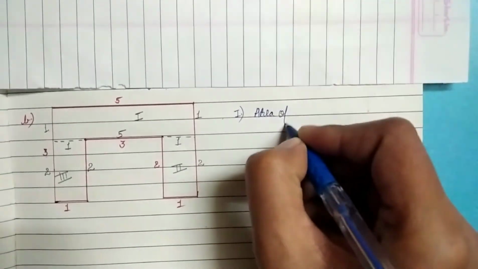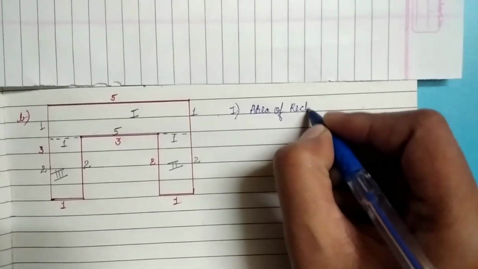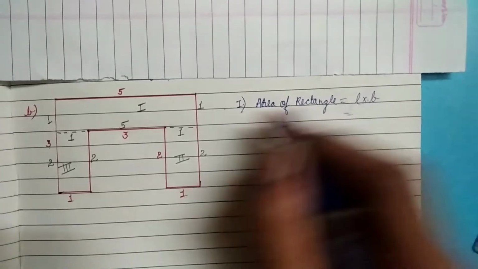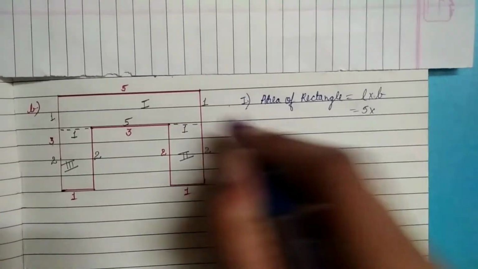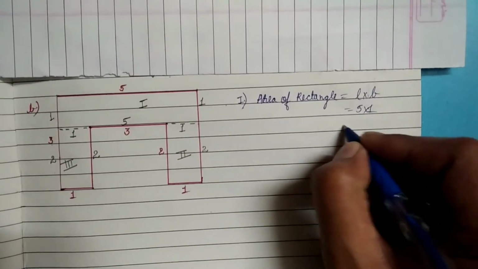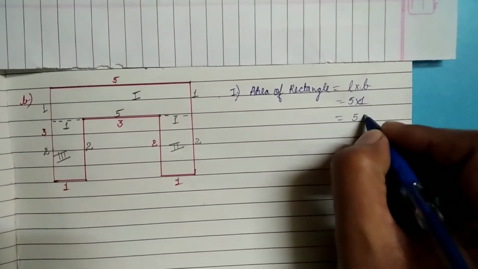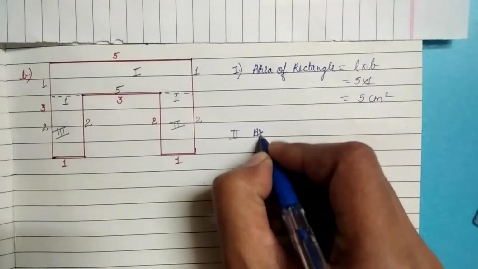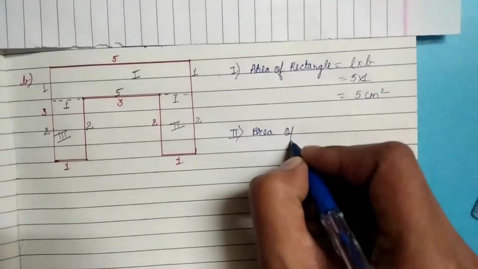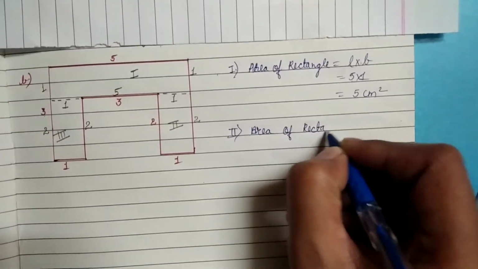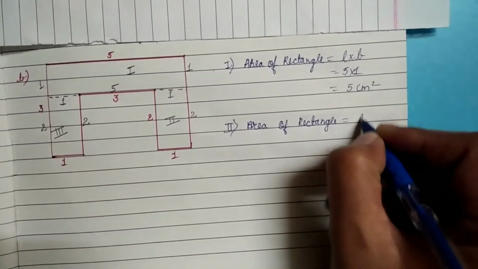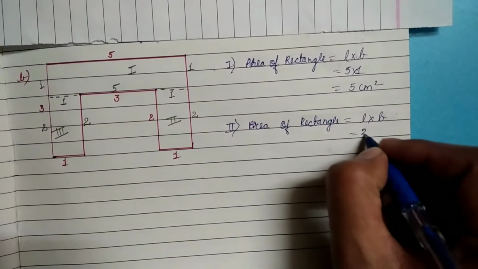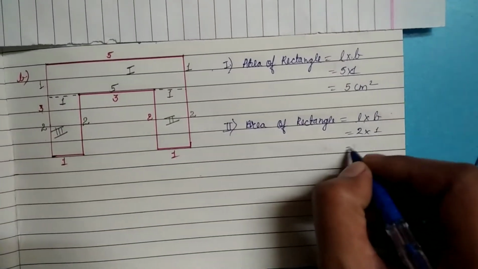Area of rectangle of the first one: same, length into breadth. Here length is 5 and the breadth is 1. So 5 ones are 5 centimeter square. Second one is exactly the same as the previous, area of rectangle: same formula, length into breadth, but in the second one length is 2 and the breadth is 1.